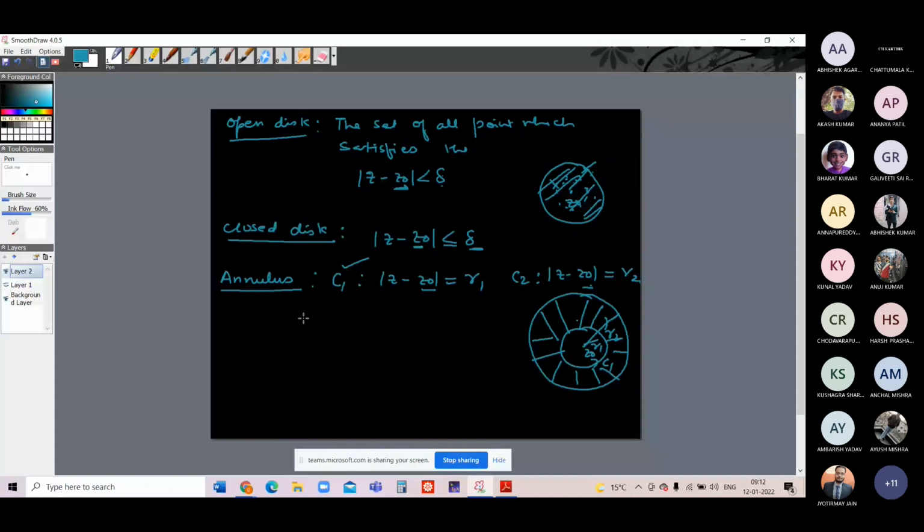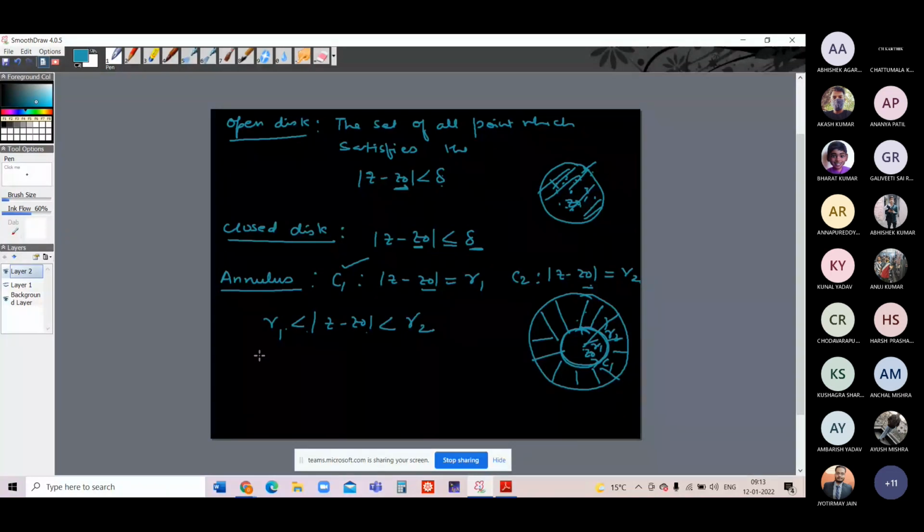So all the z with |z - z0| greater than r1, because on this inner circle C1, all the z on it have distance r1 from z0. So we are taking the points above this circle and inside the outer circle. So the distance |z - z0| must be greater than r1 and less than r2.